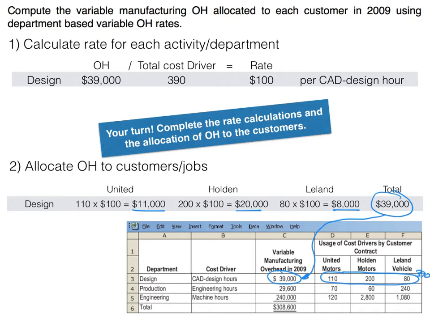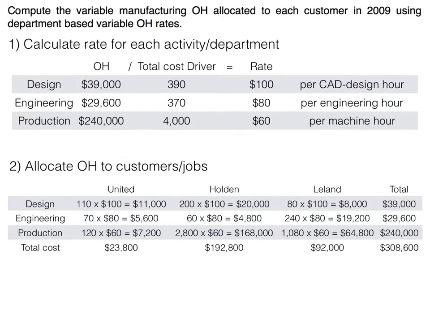Okay, so now you should have calculated the rates for engineering and production, as well as allocated the cost to production and engineering for each one of the customers. So let's see how we did. For engineering, you should have found your rate to be $80 per engineering hour, production $60 per machine hour.